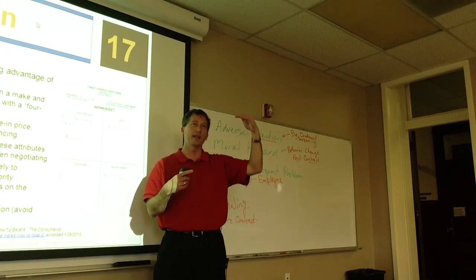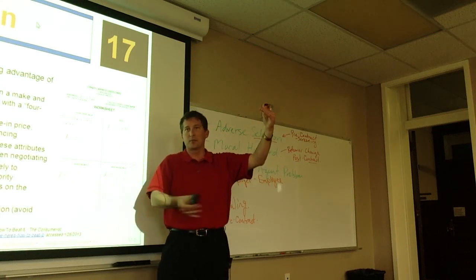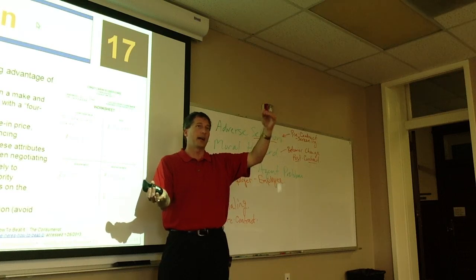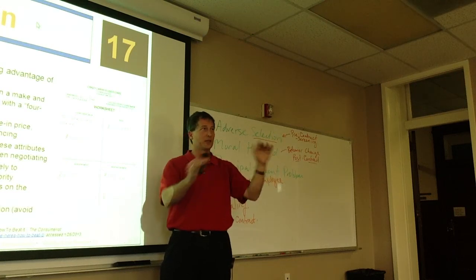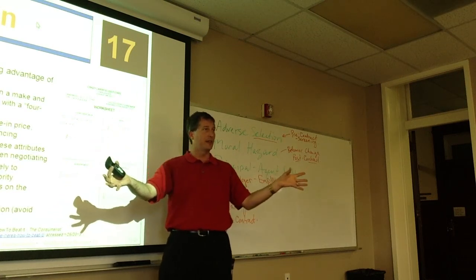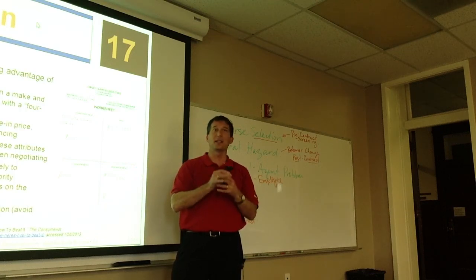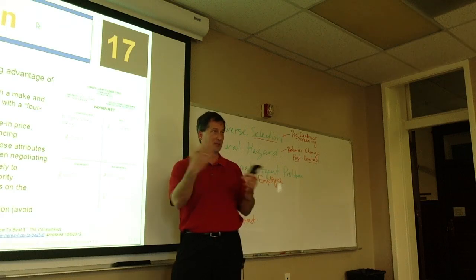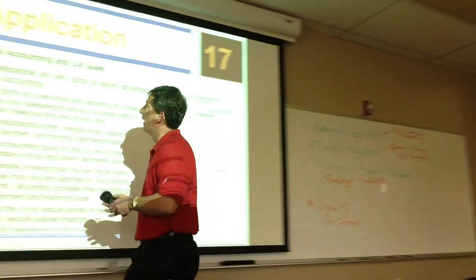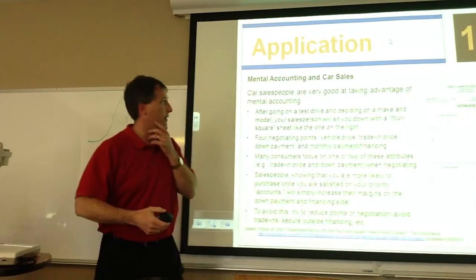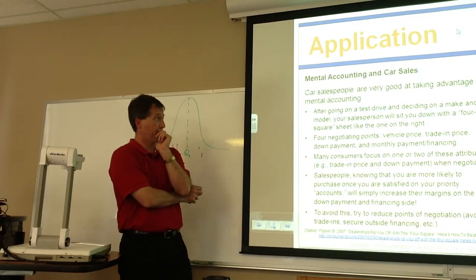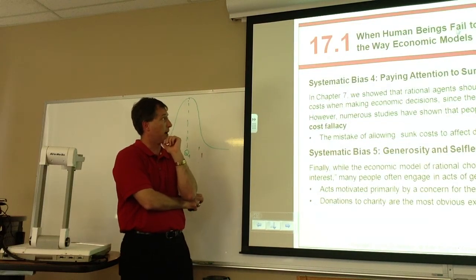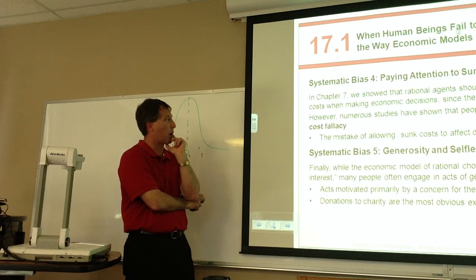So instead of having to get an interest rate of 7%, which might have been the market rate at the time, I get a 4% interest rate. If you take the entire package, I might be well better off leaving the price where it is, making them happy, but getting super favorable terms in a different way. So that's the idea of mental accounting. People tend to get hung up on certain compartments.